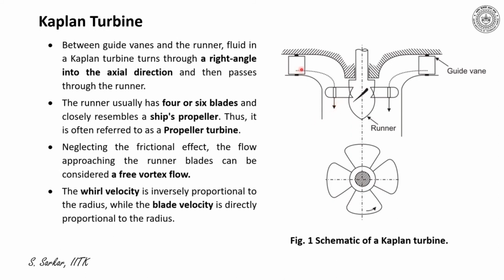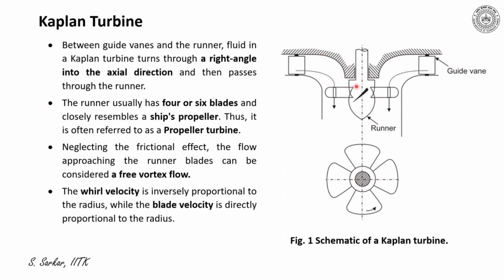Now between the guide vane and the impeller, the fluid in a Kaplan turbine turns through a right angle into the axial direction and then passes through the runner.